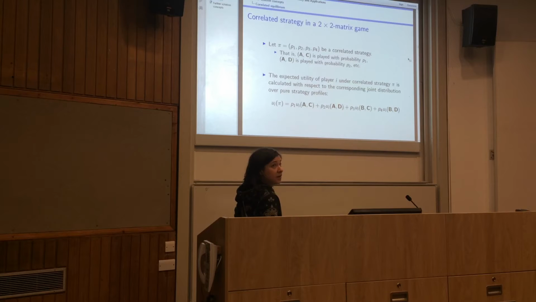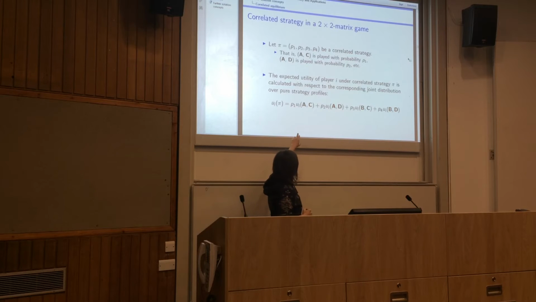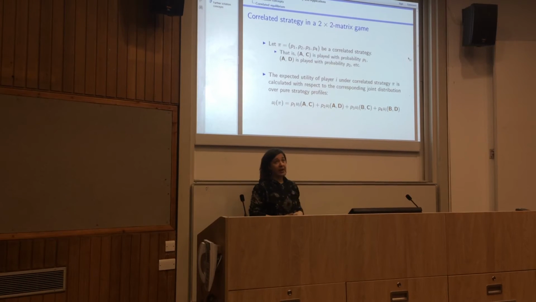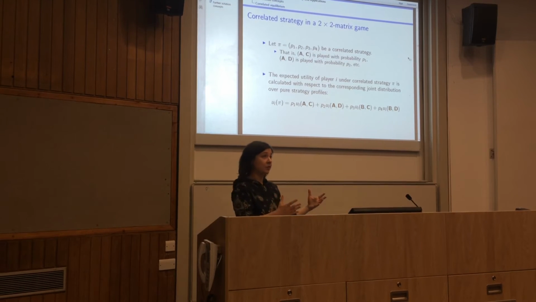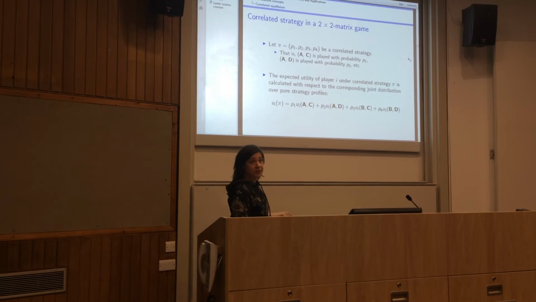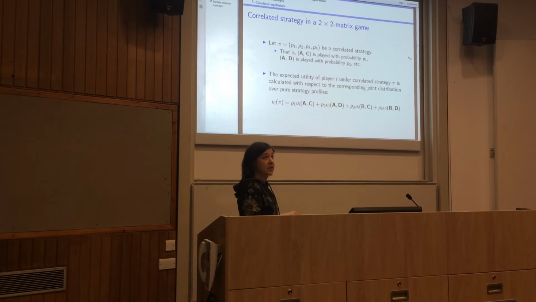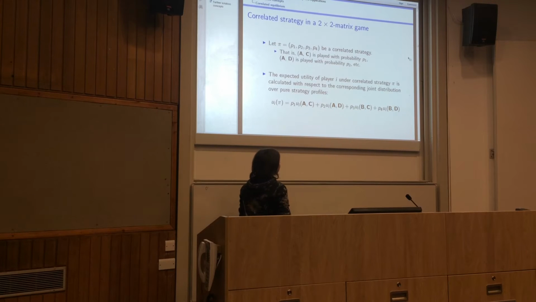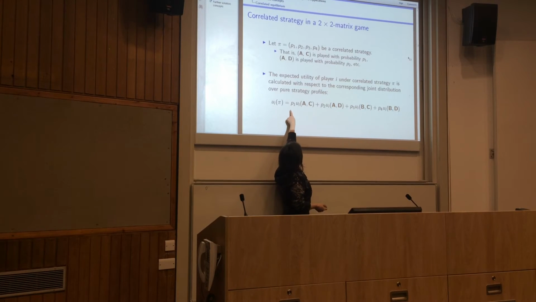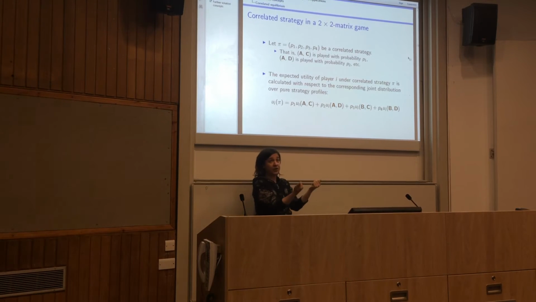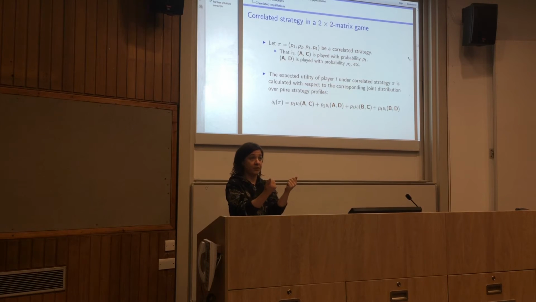The expected utility of each player is given as an expectation under this probability distribution, so you take the utility of a given player in the P strategy profile and weight it with the corresponding probability. Right. In the mixed strategy case, instead of those probabilities, we just have the product of marginal probabilities for both players.